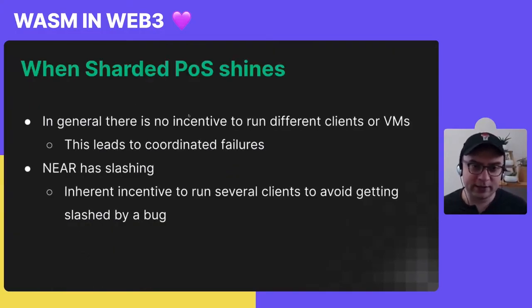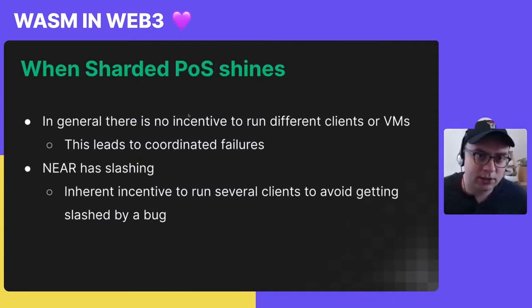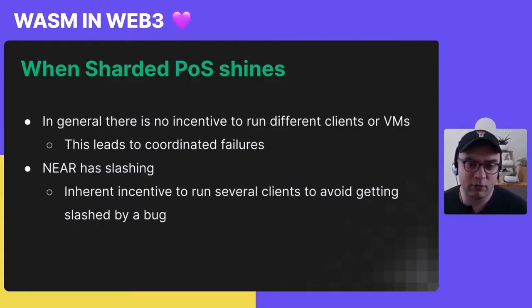The interesting thing is that running a sharded proof of stake blockchain actually has strong advantages. One of them is that we have an inherent incentive for validators to run multiple virtual machines. Some blockchains have implementations of their protocol stack in different languages.